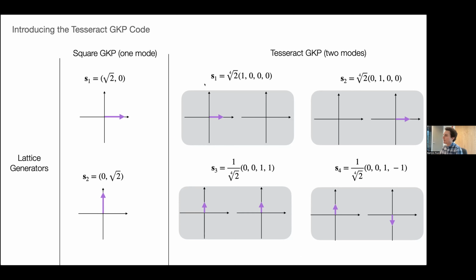And then if I write now the 4 generators, because there are 4 dimensions, you can write it this way, where this is the phase space of the first mode, and this is the phase space of the second mode. So here there will be 2 generators which need displacements in both modes.